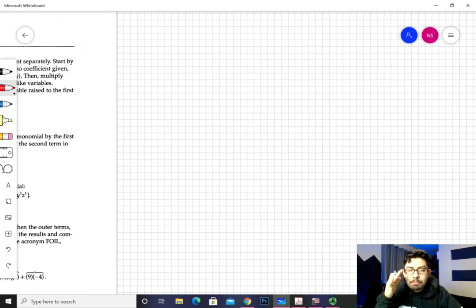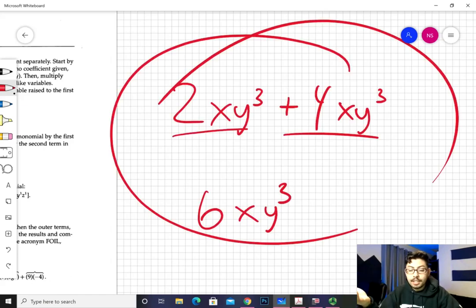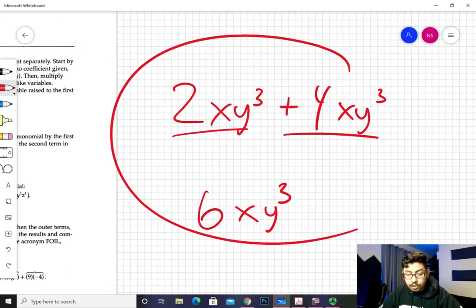So in multiplying polynomials, it's sort of the same but different. The one that we just did, simplifying polynomials, whether you knew this or not, technically was adding and subtracting polynomials, right?